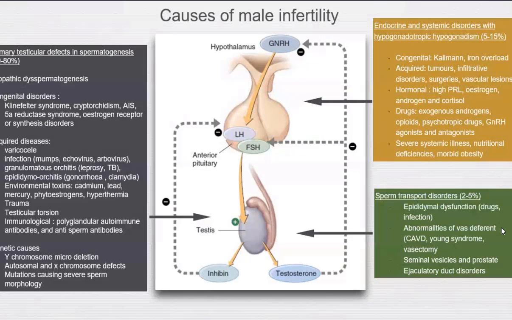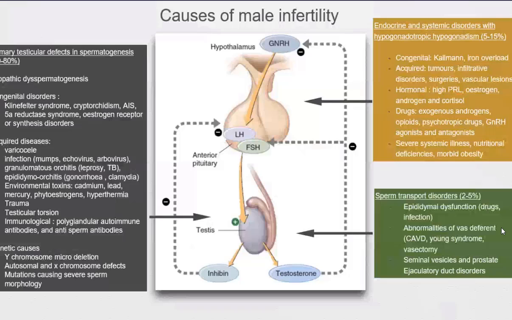Besides, it can also lead to high DNA fragmentation in the sperm, which will subsequently impair fertilization, embryo development, and also implantation. So trauma to the testes, testicular torsion, and also any immunological disorders, for example, the presence of anti-sperm antibodies, might also give rise to abnormal sperm production.